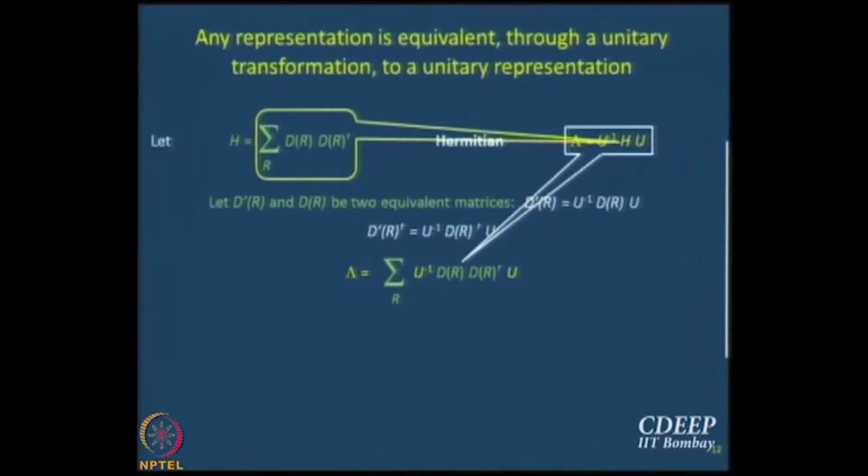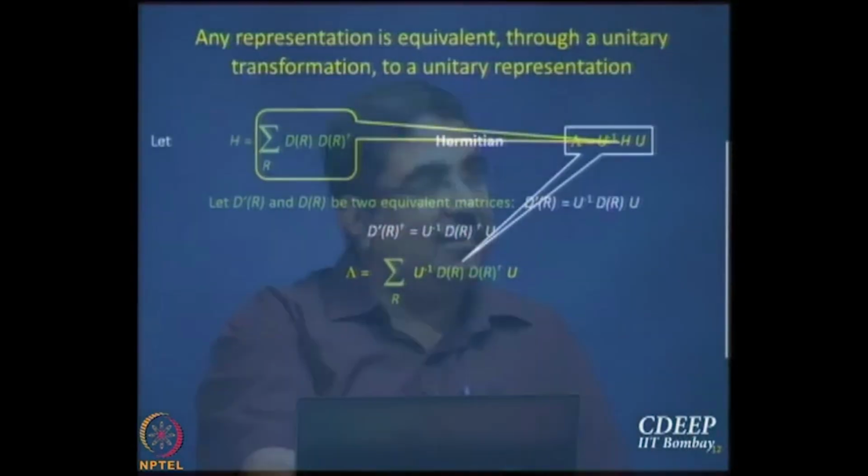What can we do next? What should I do next? Replace by what? By which equation? Well, eventually we will do that also, but then see the second equation relates dr dagger with d prime r dagger. Okay. What we can try to do is this, we have to get to d prime r of course.